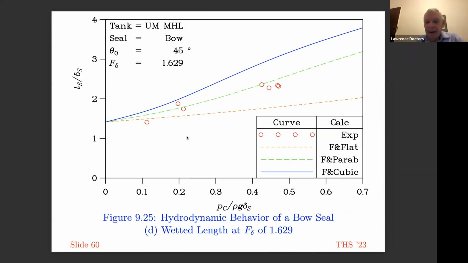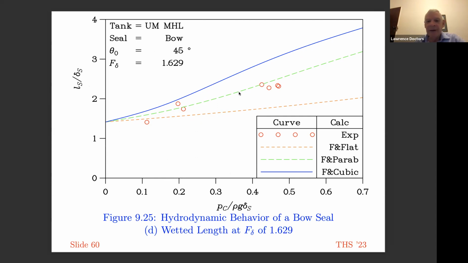I don't really have any time to go into this in great detail, but in very general terms, on the vertical scale is the length of the wetted surface of the finger as it's pushed more and more into the water surface. And on the right-hand side is the cushion pressure. And then we've got to do experiments at different speeds.